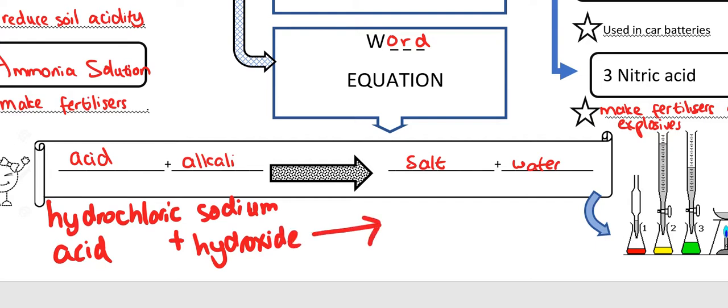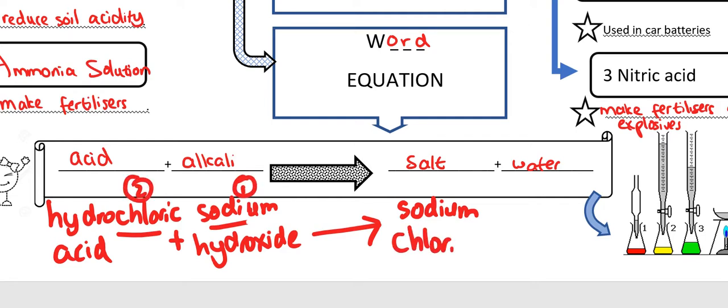Then you draw an arrow and the salt should be named. So you get the first name from the alkali, which is sodium. And then the second name is from the acid, which is this part, so sodium chloride. Plus water.